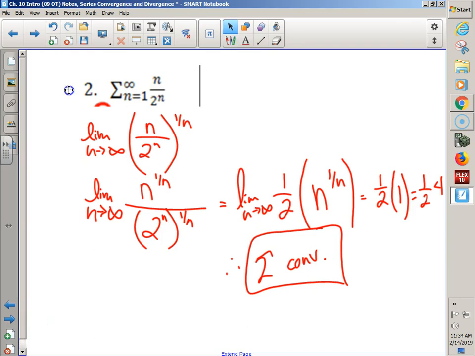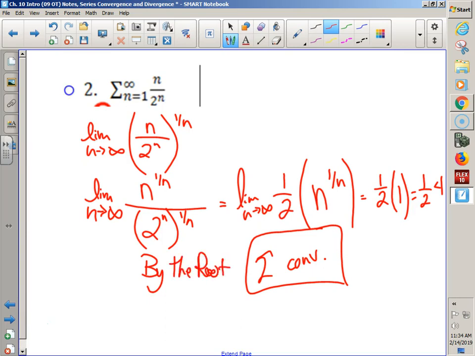By the root test, it's so easy. Oh, I was meant to do my therefore three dots.